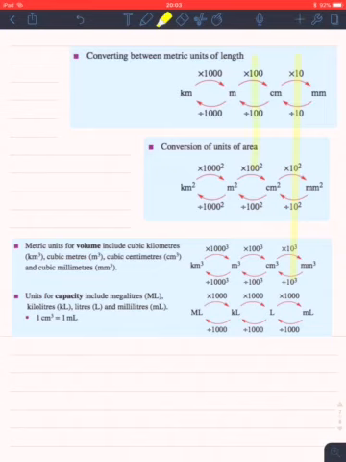In area we multiplied by 100 squared, and in volume by 100 cubed. And finally, kilometres to metres, which is exactly the same as metres to millimetres, we multiplied by 1,000 for length, 1,000 squared for area, and 1,000 cubed for volume.